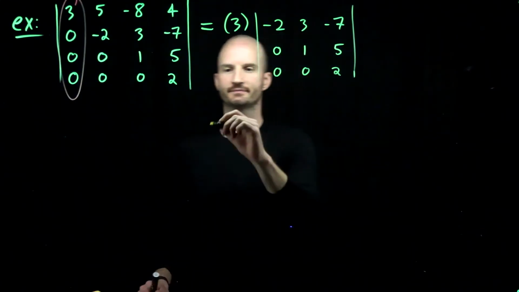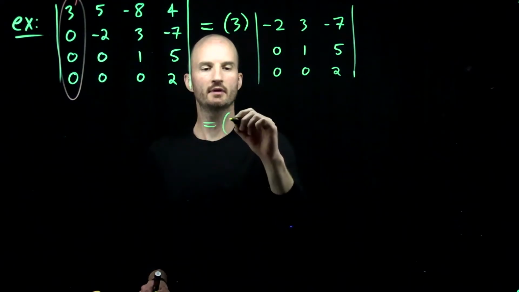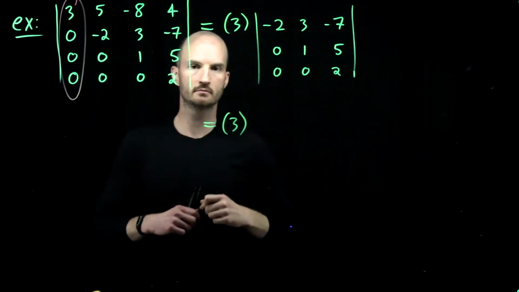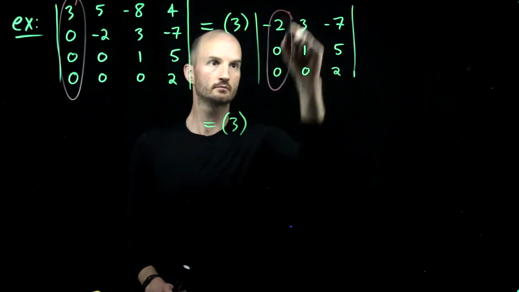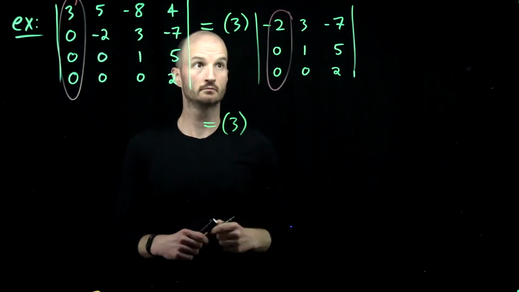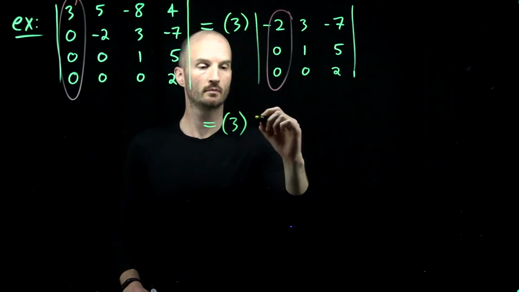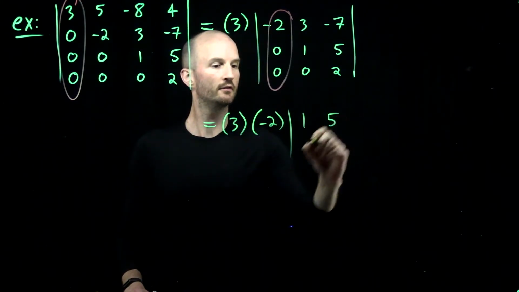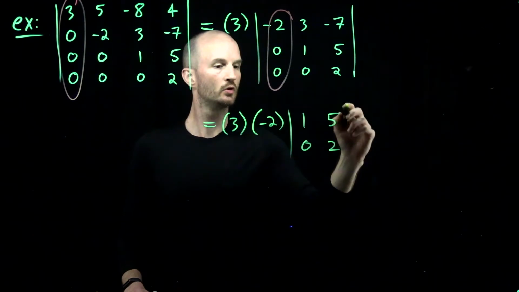Now what? I'll leave that 3 out front, and I'll do a cofactor expansion again down the first column. Minus 2, 1, 5, 0, 2.